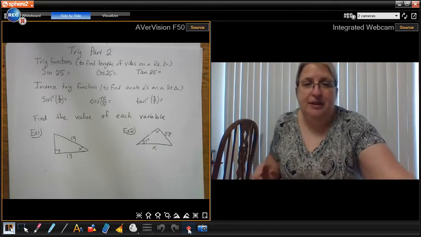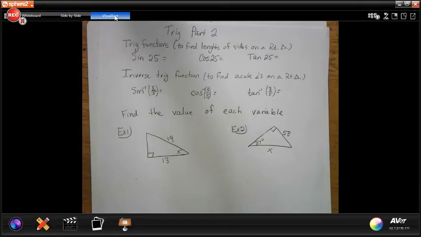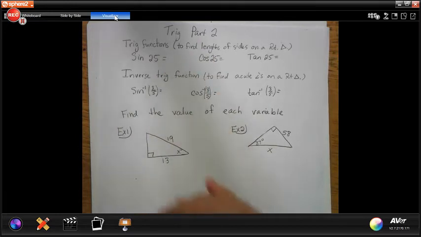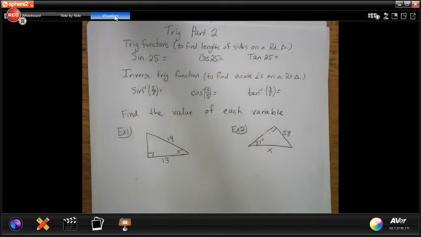Alright, so let me switch to document camera. Alright, Trig Part 2. On the test, you are going to have some problems where you have to find something like sine of 25. You could put those in the calculator and get a decimal for them.